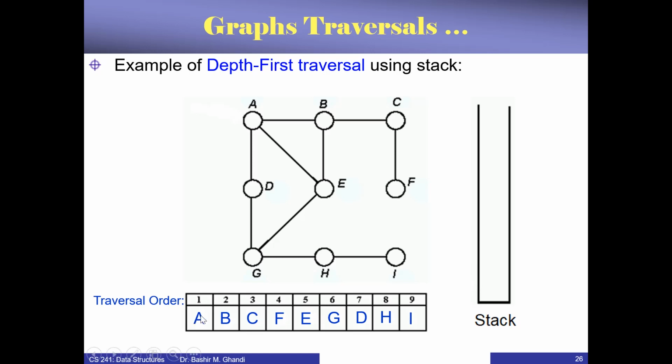So basically, this is the order in which the elements are going to be traversed using depth first traversal. These numbers here are telling you the order of traversal. So with the stack, you can easily find out the list in which the vertices of the graph can be traversed using this method.